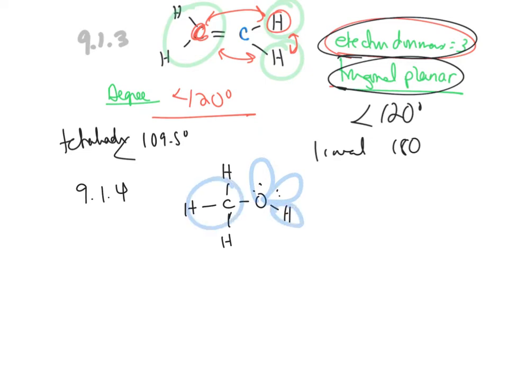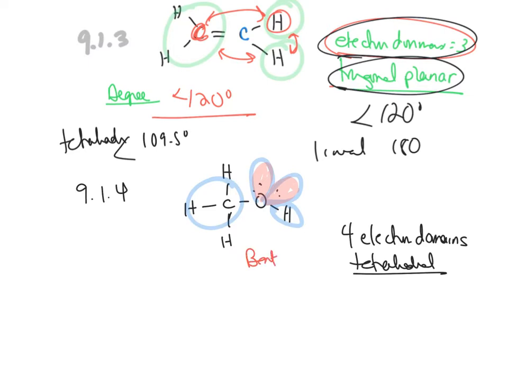So you have 4 electron domains. And so that is tetrahedral for the electron domains. But because you have 2 lone pairs, right here and here, that is going to push those 2 groups down, and that's going to be bent.